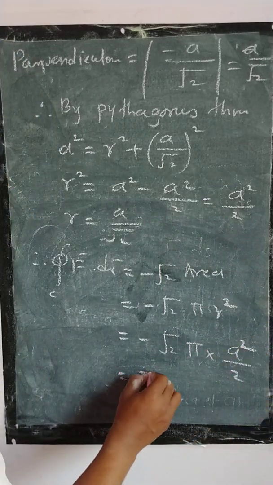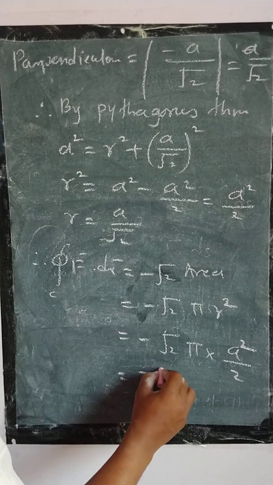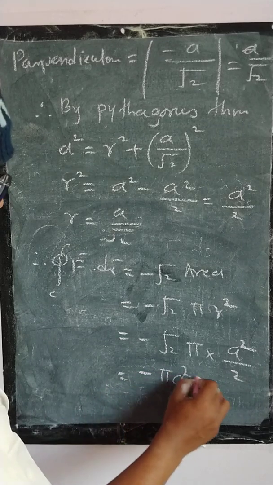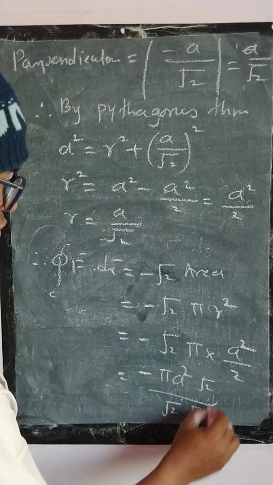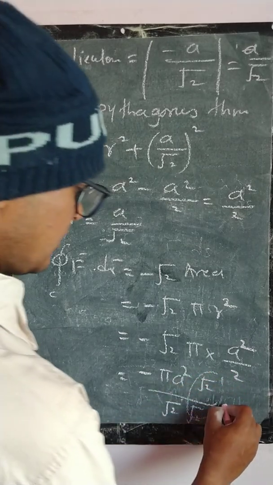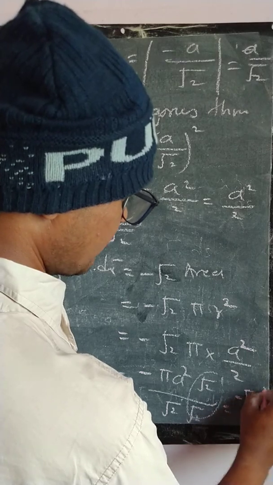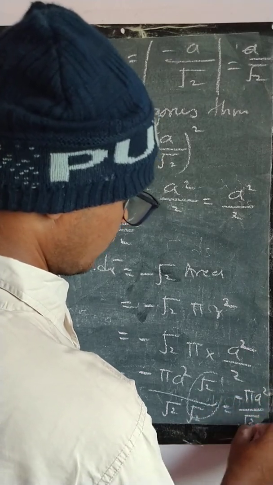So it is minus pi a squared into root 2 upon 2, and root 2 upon 2 is 1 by root 2, as one root 2 gets cancelled. The answer is minus pi a squared by root 2. Thank you.